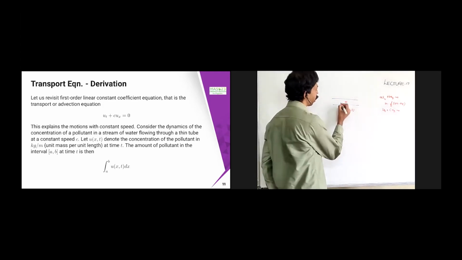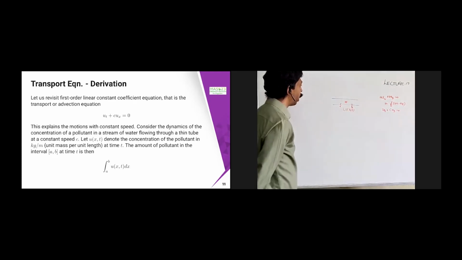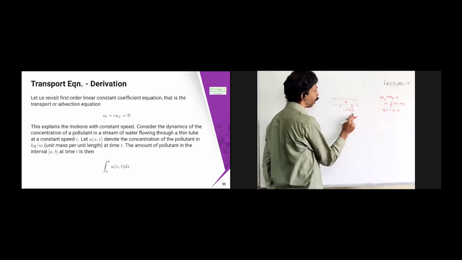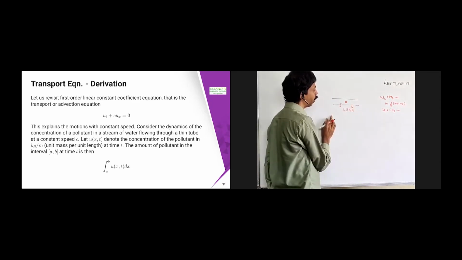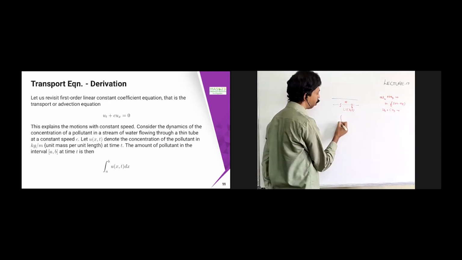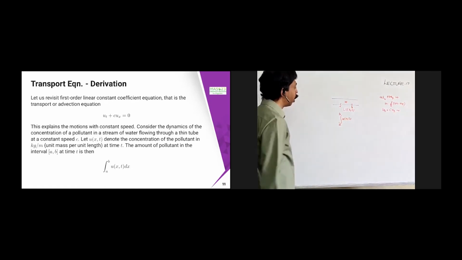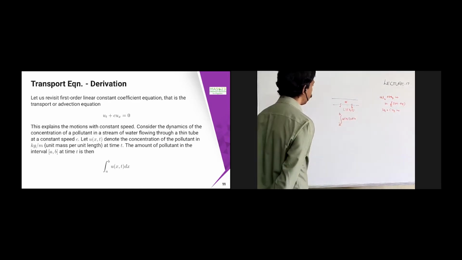Suppose I consider a small interval, a comma b, and see how the pollutant comes through it, going from here to here. If I want to concentrate on this interval, I can do the integration. The integration of u of x comma t is going to give me the total pollutant in this interval.